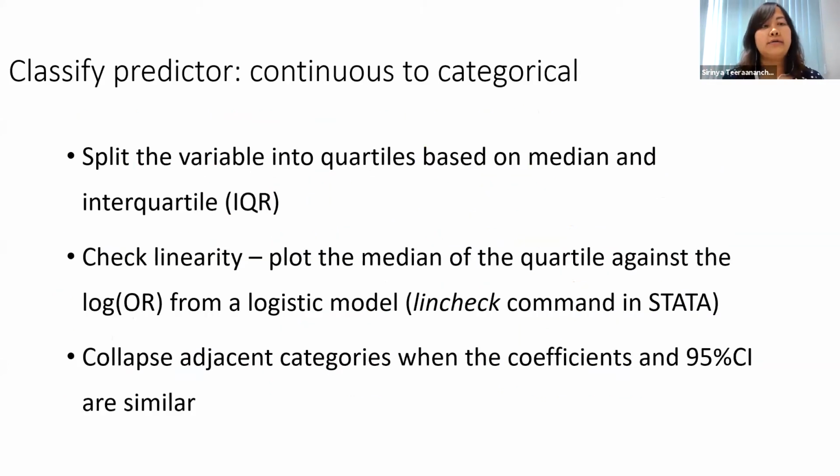So before that, we have to classify predictors from continuous to categorical. So the first thing, there is a common question about what we should do for a continuous variable. Should we treat it as categorical, or should we treat it as continuous?